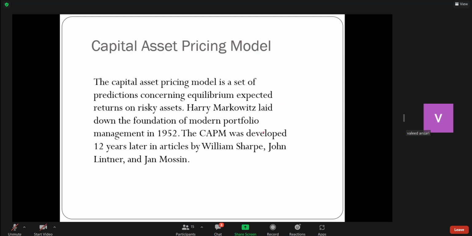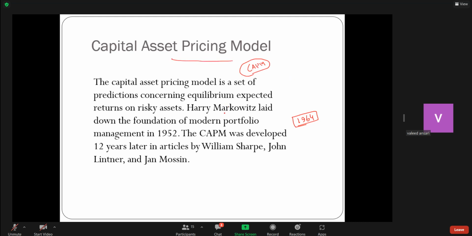William Sharpe in the year 1964 developed CAPM, the Capital Asset Pricing Model.